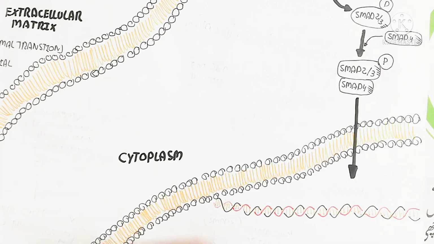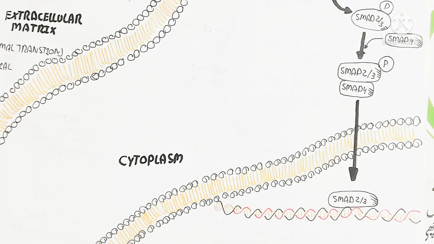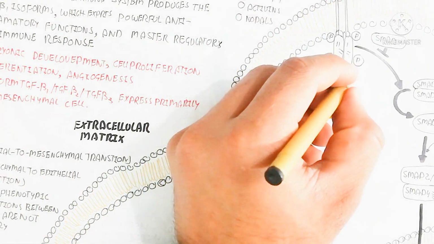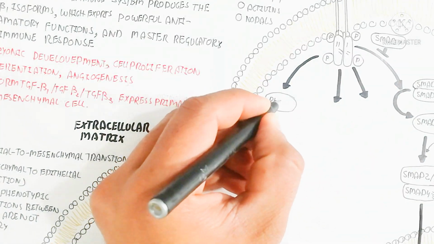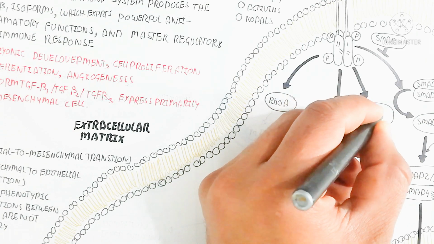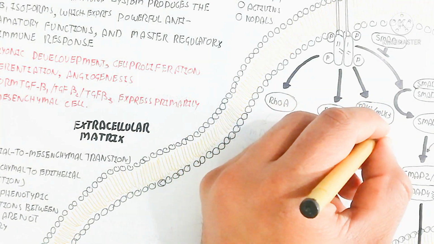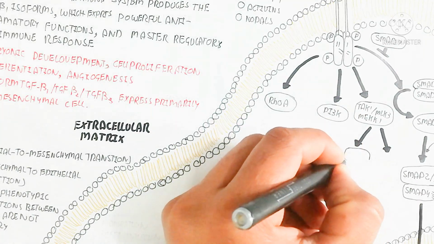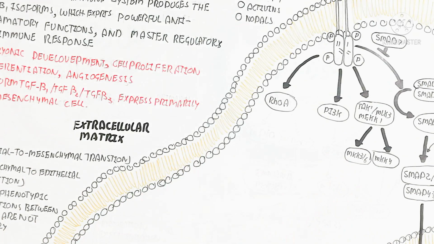After this complex formation, it will be used as a transcriptional factor, which we will also discuss. But let's begin to understand another mechanism, another pathway. So here is the Rho A. This Rho A protein is used for the activation of different proteins, which we will also discuss. Here is the TAK1 and MLK3 and mitogen activated kinase 1 protein.